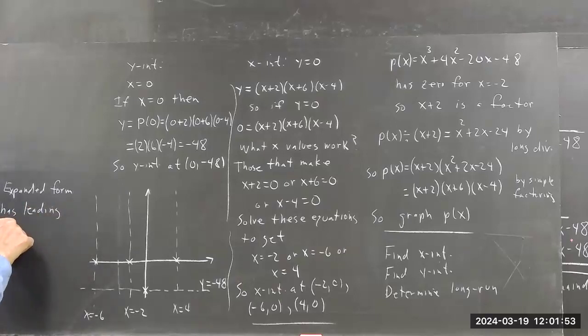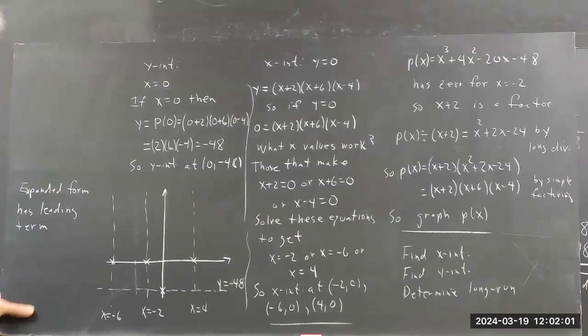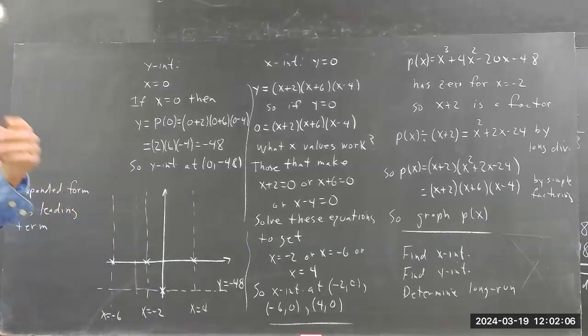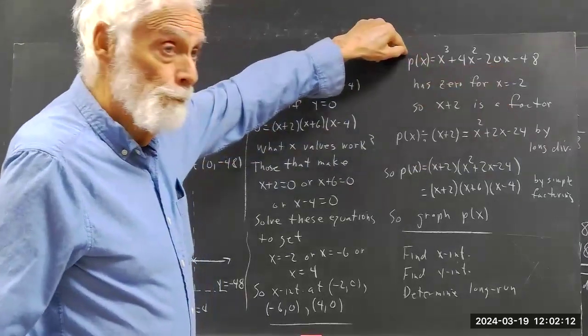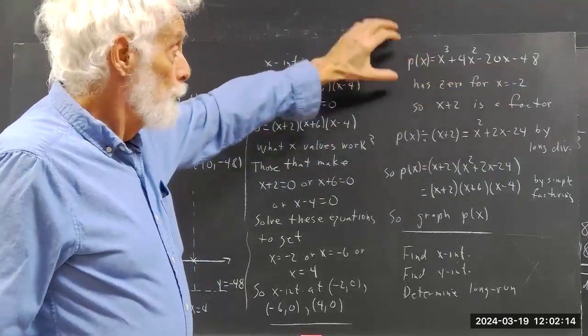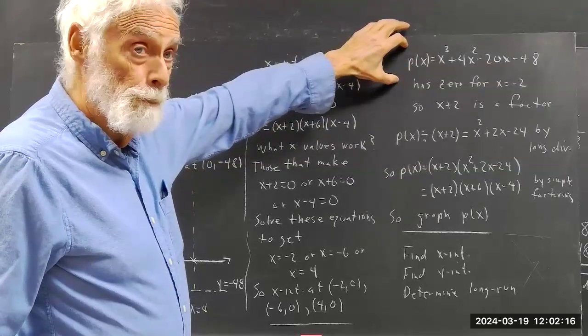has the leading term, and you have to read your book and listen to Open Math and check their videos and do what they say. Make sure you understand the terminology, but the leading term in this case is x cubed, because right there is your expanded form. Now, remember, we started here with the expanded form.